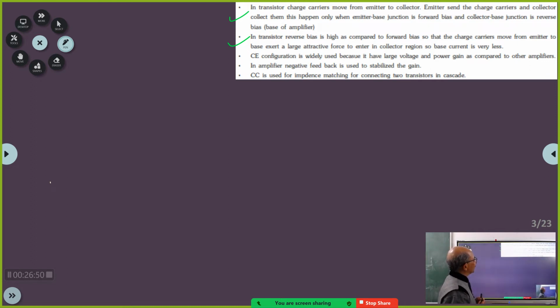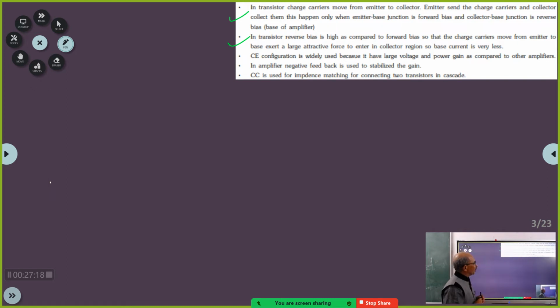In a transistor, the reverse bias is high as compared to forward bias. VCC is higher than VBB, no? Right, that is potential. Correct. Your question is right.